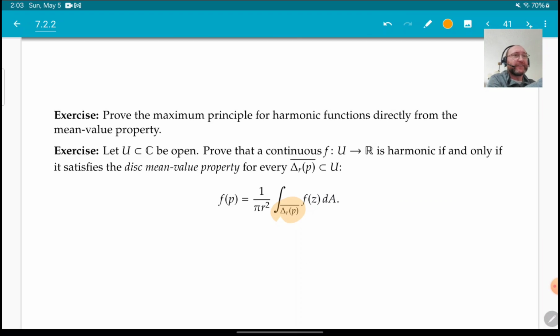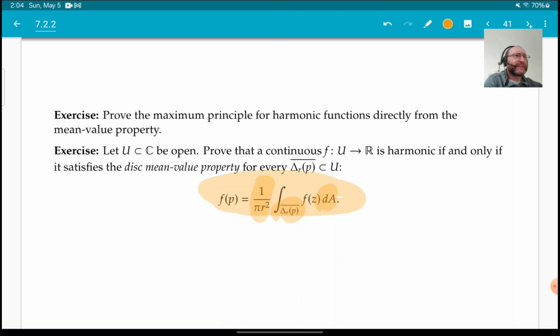You could again do it just for small enough disks, but for simplicity of statement, we write that the function satisfies the mean value property for disks. This is a two-dimensional integral, 1 over the area of the disk, and we're integrating with respect to area. So if I average f over an entire closed disk, that's equal to f at the center point.